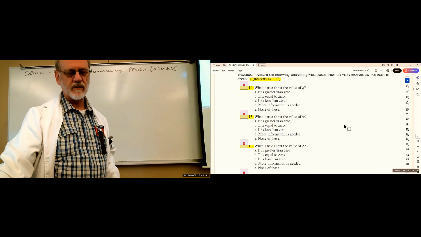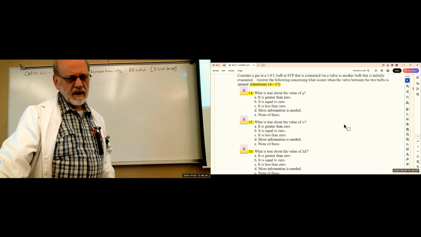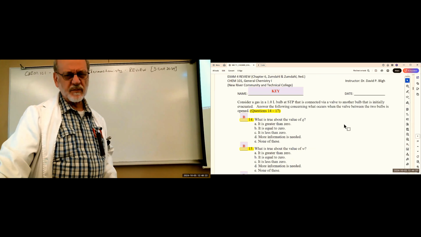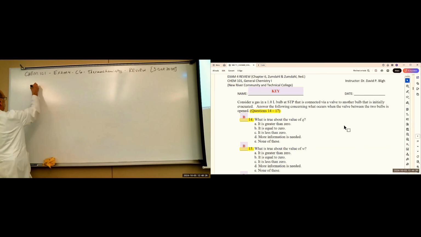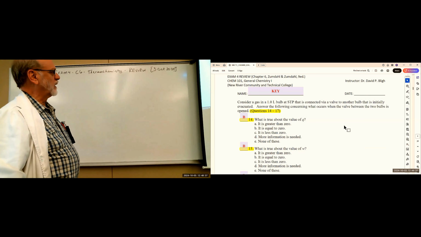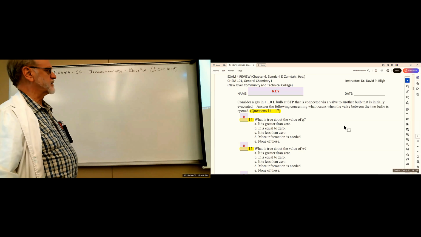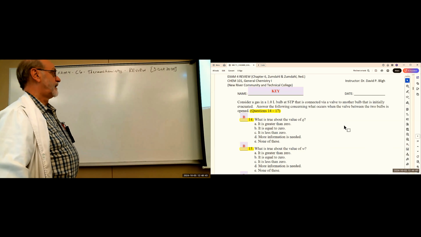All right. Okay, we got several. 14 through 17 based upon this first paragraph. Okay, so what does it say? A gas in a 1 liter bulb at standard temperature and pressure is connected via valve to another bulb that is initially evacuated.